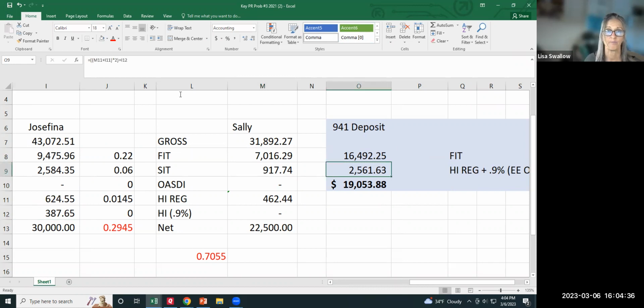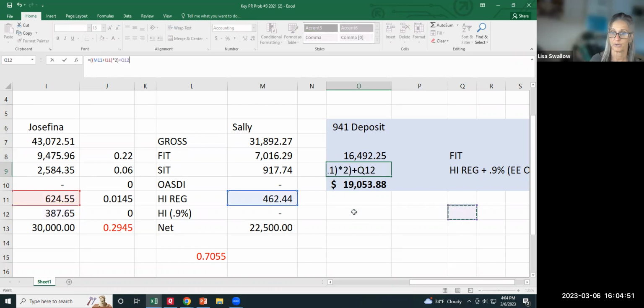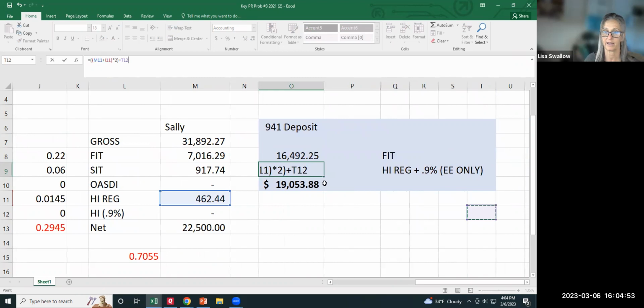So both people's HI times 2, employee, employer, and then just one share of the additional 0.9. So the deposit ends up being $19,053.88.